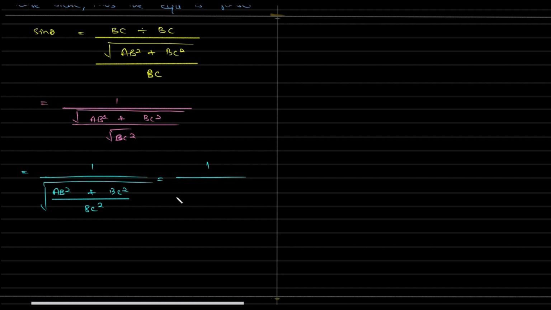So we are looking at square root of AB square plus BC square, by BC square. So this is 1 divided by square root of AB square by BC square plus 1.